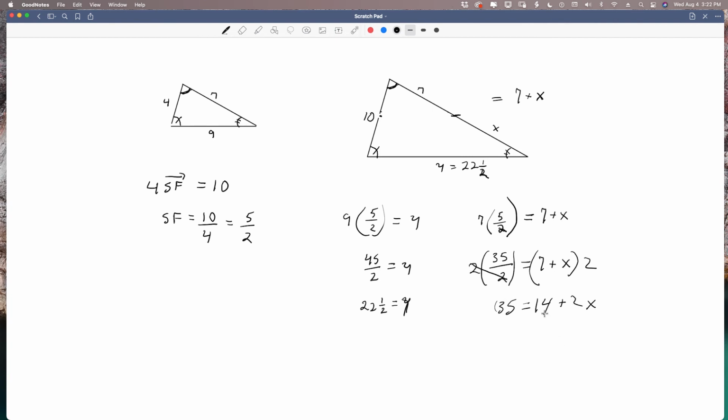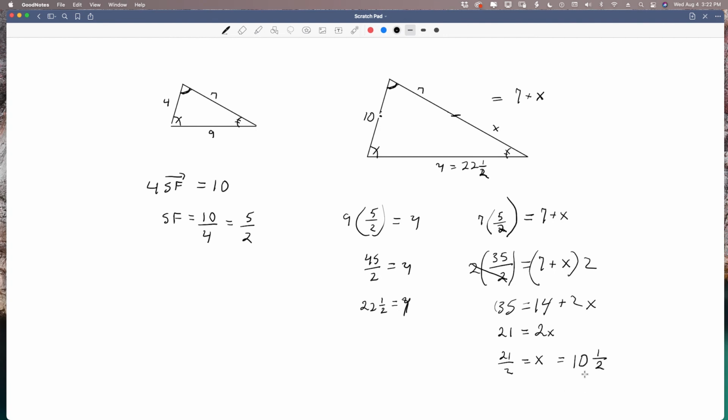All right, so now we can do our squish and flip. So we bring this number over, and it becomes a negative, and that's going to be 21 equals 2x. We divide, and we get 21 over 2 equals x. And so that leaves us with 10.5.